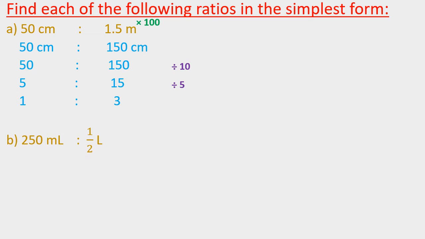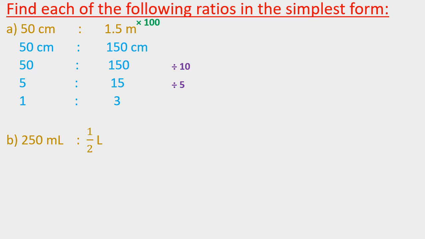Another example: 250 milliliters to half a liter. We must convert from liters to milliliters, but it's better to convert the greater unit to the smaller unit to multiply, and to make it easier to simplify the two numbers.